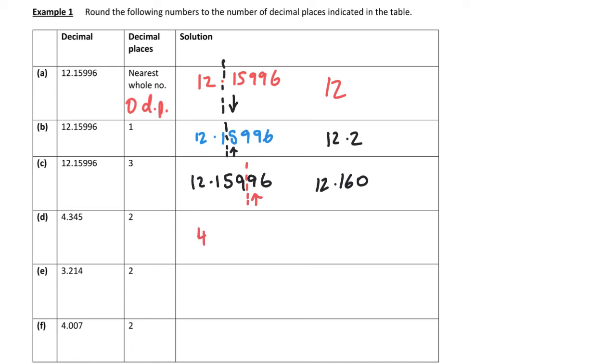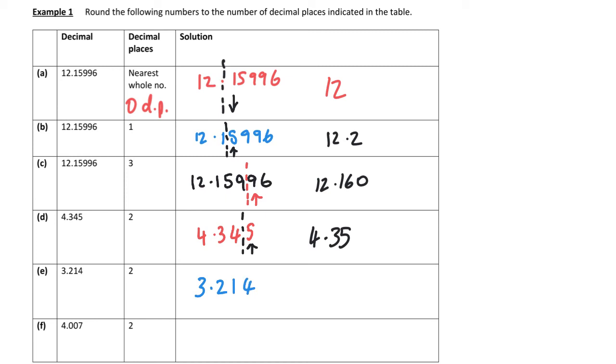4.345 for the next example, to 2 decimal places. So we're going to draw our dashed line after the second decimal place. The decider is a 5, which means we'll round up. So we're going to change the 4, which was our changer, to a 5, and our answer is 4.35. Next example, 3.214 to 2 decimal places. So let's write the number out, 3.214.